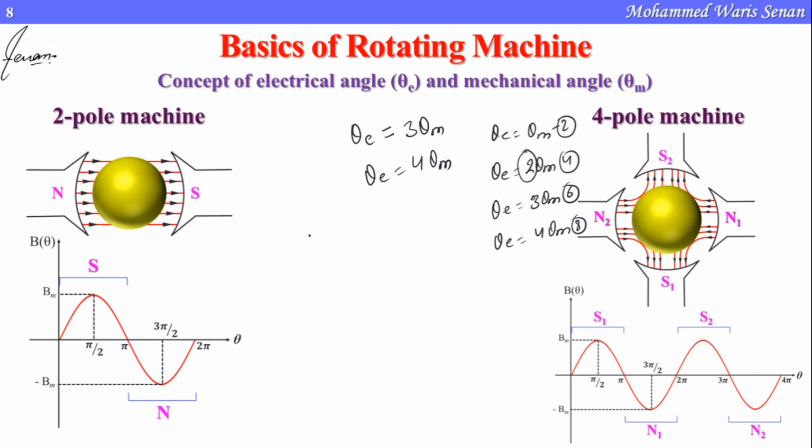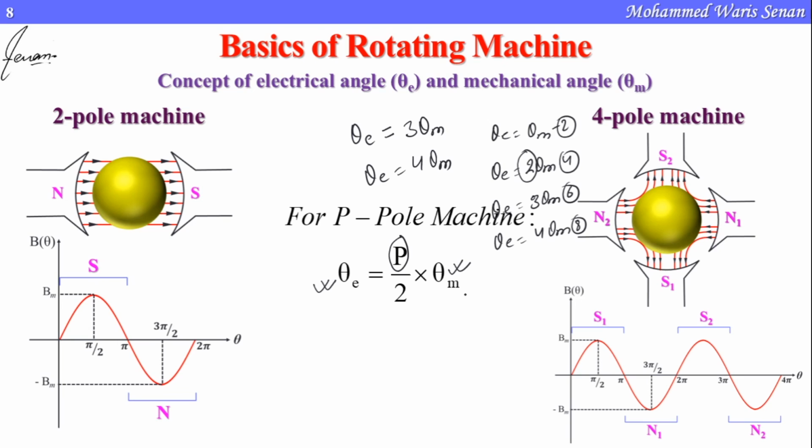So for a P pole machine, theta electrical is P by 2 theta mechanical. Whatever the number of poles, you can put the value and get the relationship between theta electrical and theta mechanical. So theta electrical is equal to P by 2 theta mechanical, where P is the number of poles of the machine.